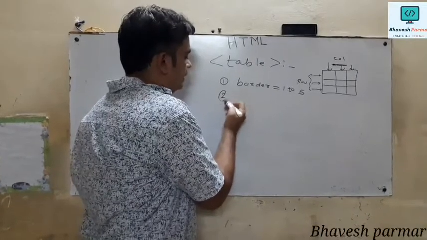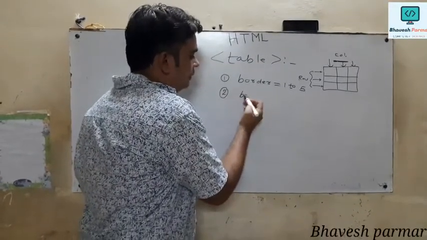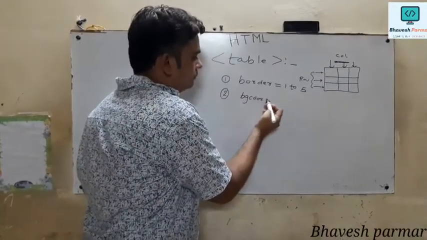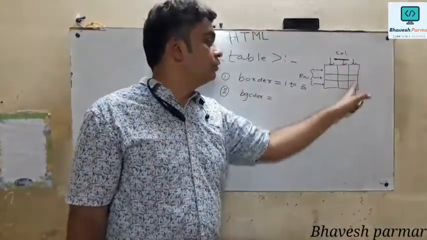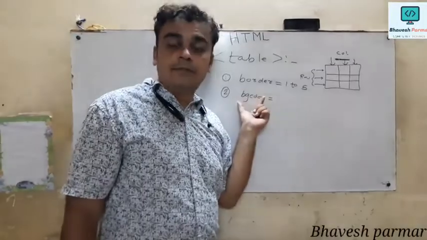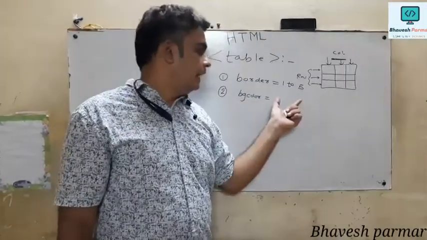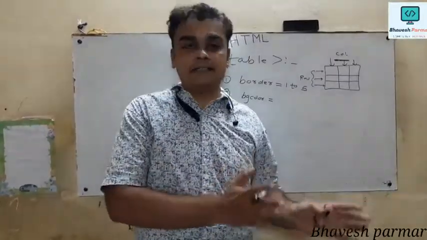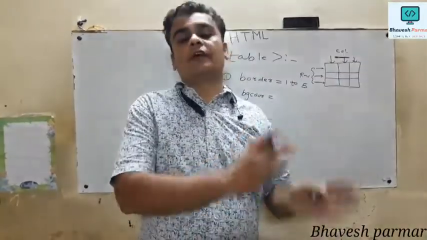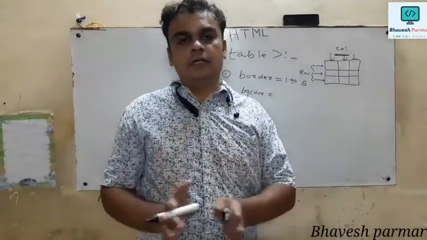Then the next one is bgcolor. This bgcolor attribute is used to give the background color to the table. And in the previous session we also studied how to use RGB color in our program, or we can also use the color code in the program.